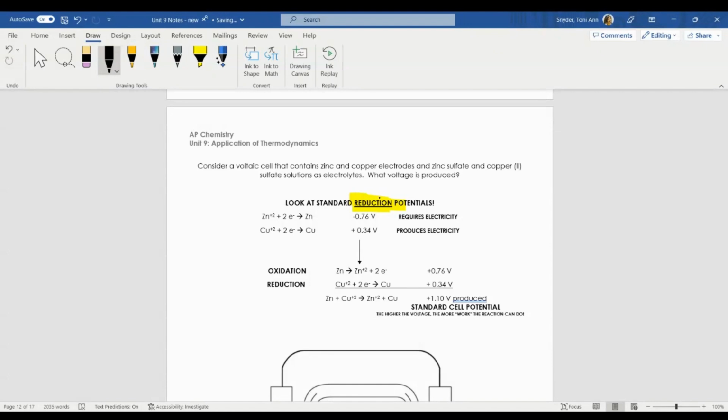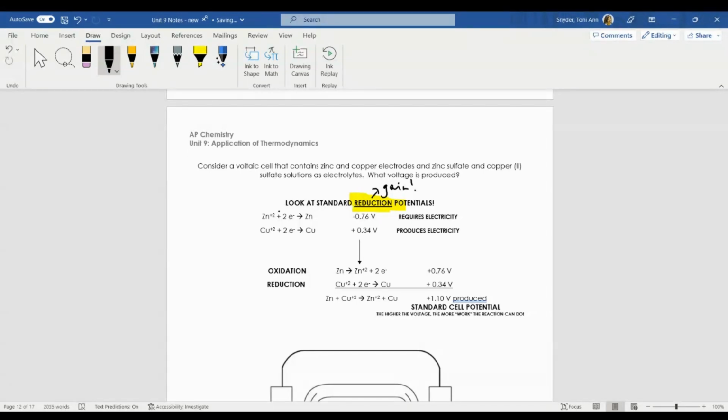Okay, so again, reduction is a gain of electrons, so it's gaining electrons. If I look at the zinc ion, and when that gains 2 electrons, so when this gets reduced to produce metallic zinc, this process requires energy. Okay, we would have to input 0.76 volts of electricity in order to reduce zinc.